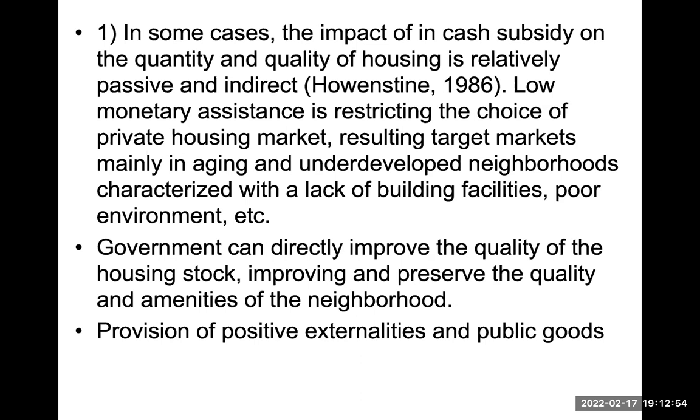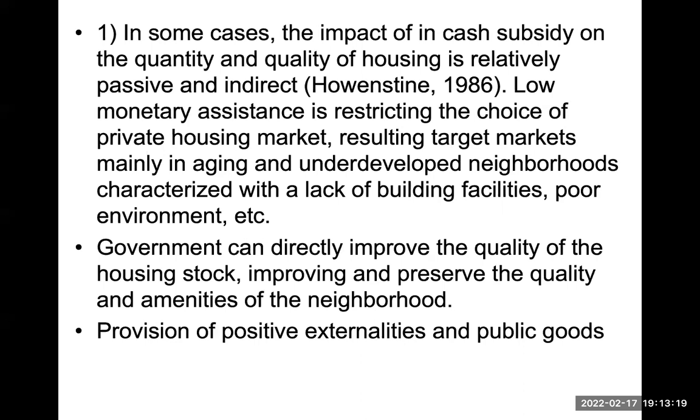So the government can directly improve the quality of the housing stock, and improve and preserve the quality and amenities of the neighborhood. And we can see quite a lot of positive externalities, and also public goods, in this context.